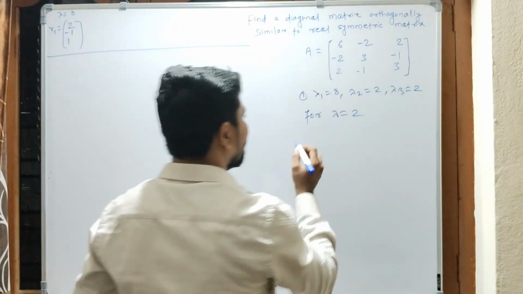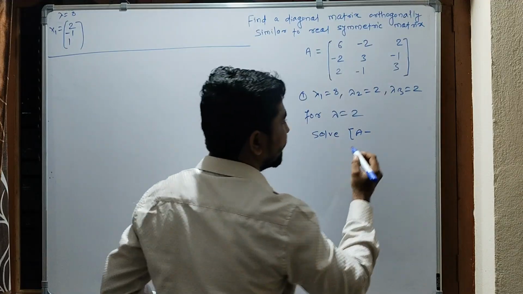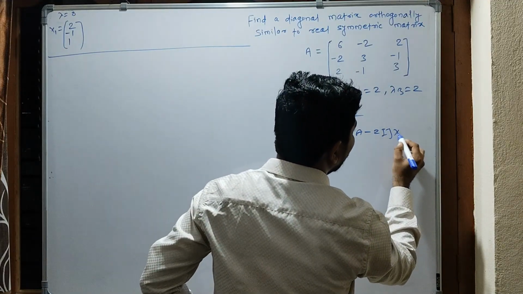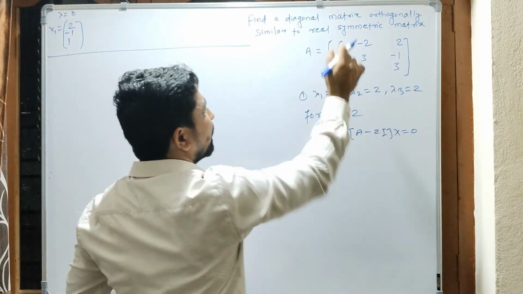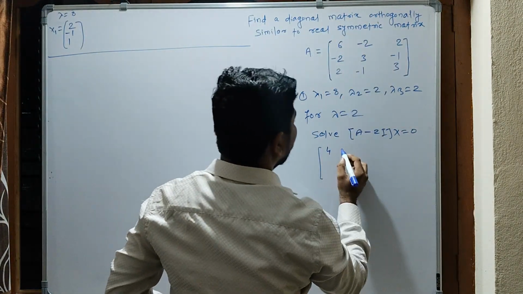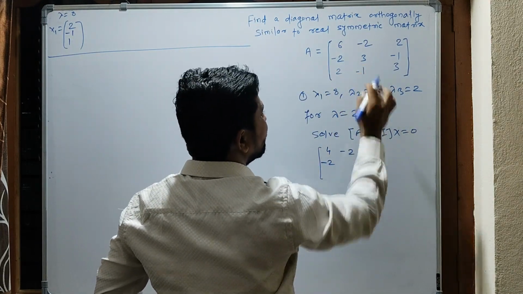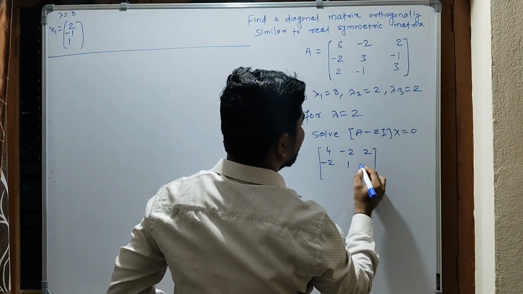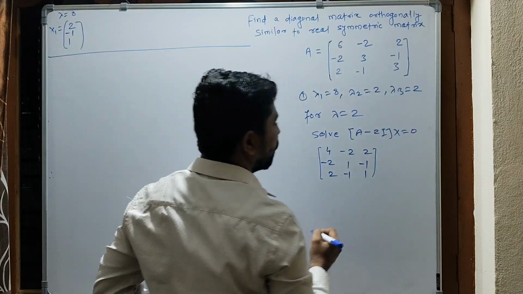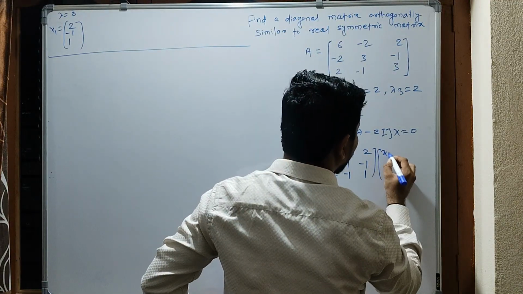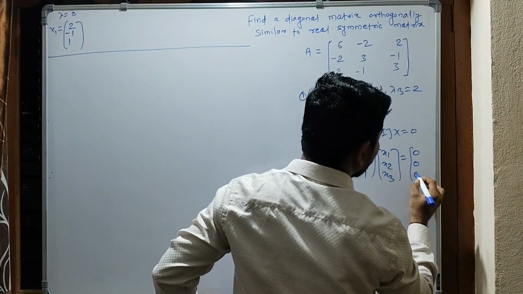So solve A minus lambda I, that is A minus 2I, into x, which is equal to 0. So write the A minus 2I matrix here: 6 minus 2, that is 4, minus 2, and 2 as it is; minus 2 as it is, 3 minus 2 is 1, minus 1 as it is; 2 and minus 1 as it is, 3 minus 2, that is 1. Here write x1, x2 and x3, which is equal to 0, 0, 0.